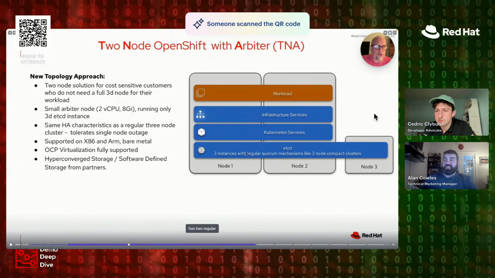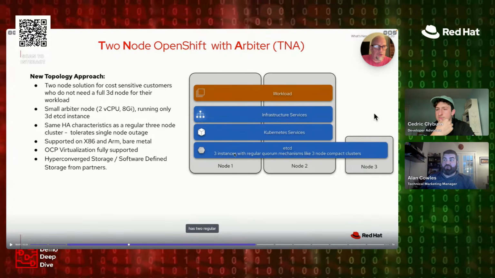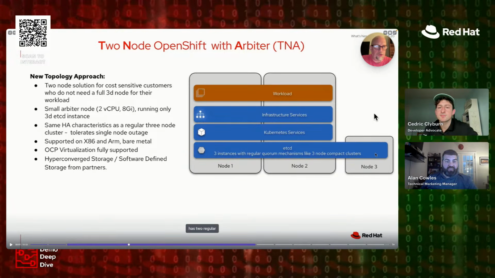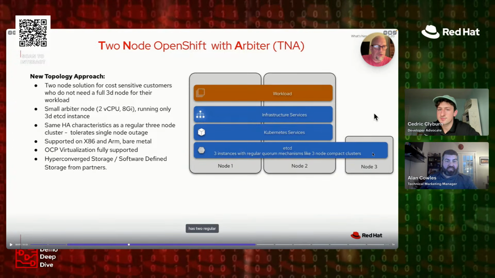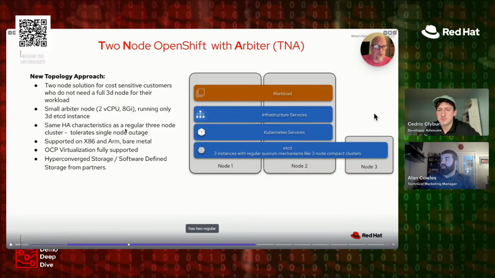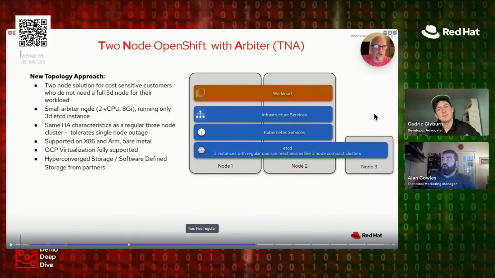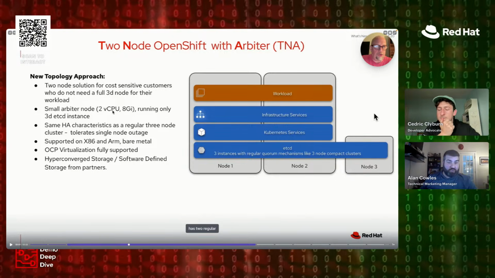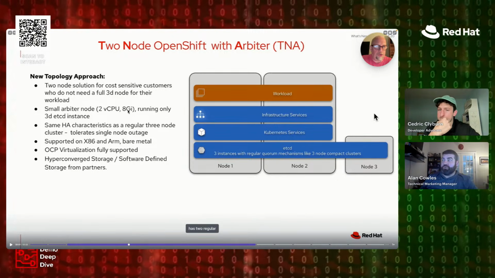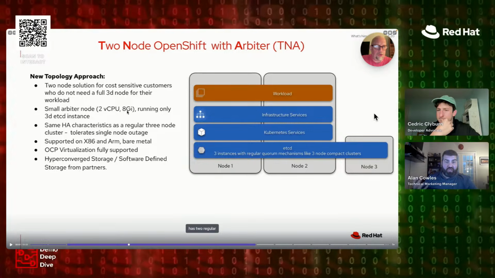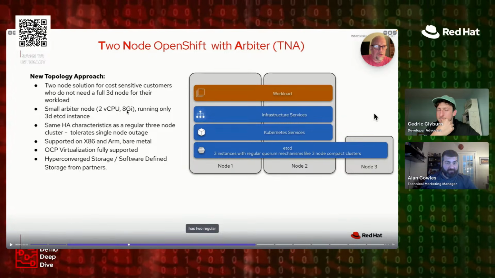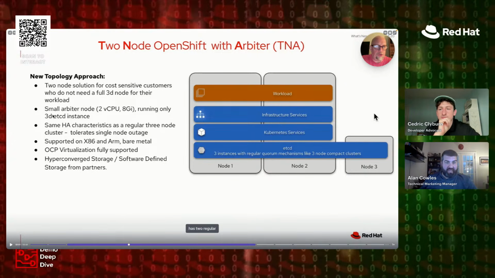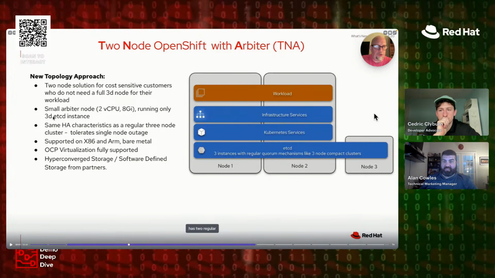In this case, 2 instances live on the physical nodes, and then the 3rd instance is not a full OpenShift node. It is actually a small Arbiter instance, many times virtual, 2 vCPUs, 8 gigs of RAM, so not a huge undertaking for hardware. And all it does is provide that quorum instance for etcd, that 3rd instance.